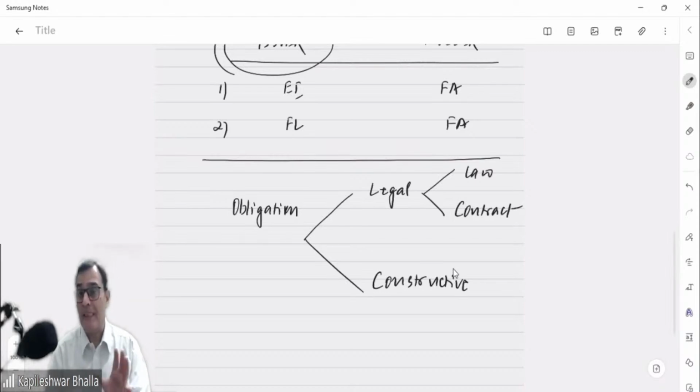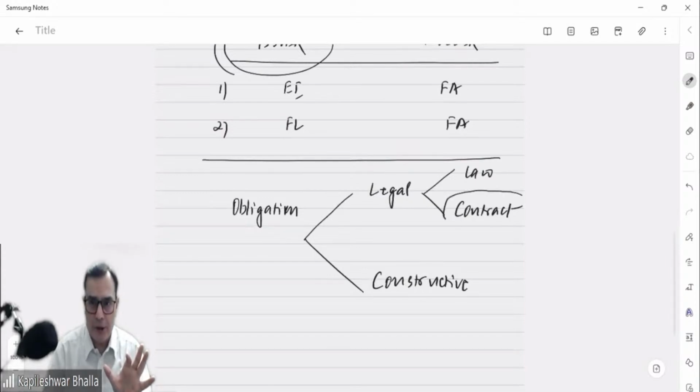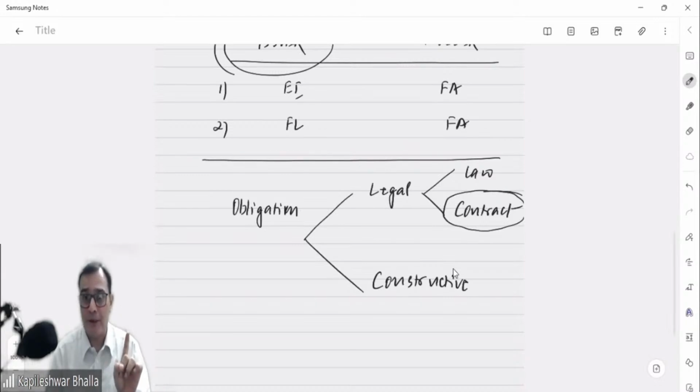Now let's get this very clear, that when I am looking at obligation in Ind AS 32, we are looking at only this obligation, which is contract. We're not saying it's a legal obligation, mind you. I think one thing you can very well see, that when I say a legal obligation, it can be by law or it can be by contract. But when I say a contractual obligation, it's just a portion of the legal obligation.